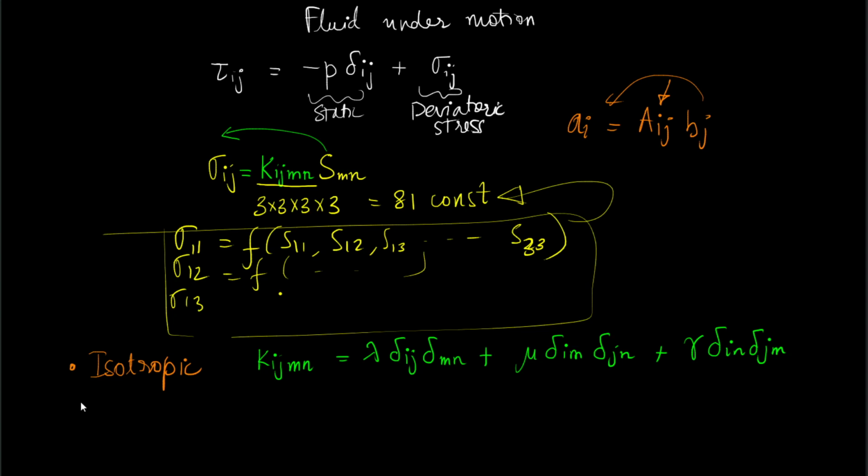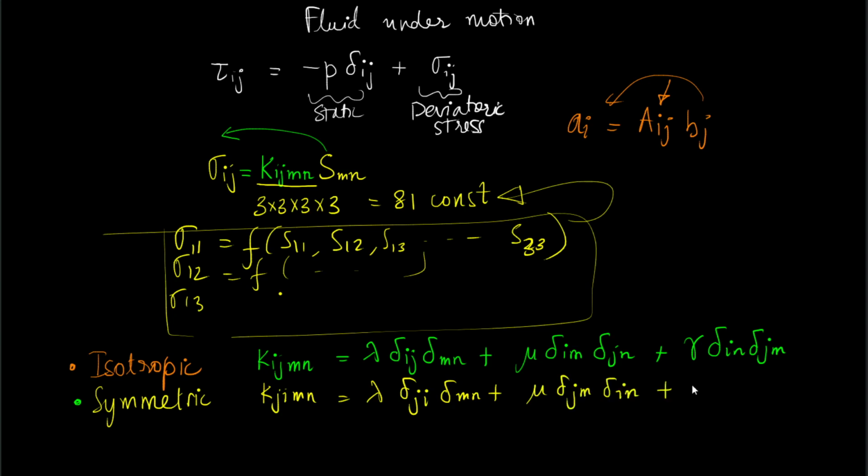Now the requirement of the tensor being symmetric means you can swap i and j and still obtain the same result. So ij should be swappable. If it is swappable, it means that K jimn will be lambda delta ji delta mn plus mu delta jm delta in plus gamma delta jn delta im.